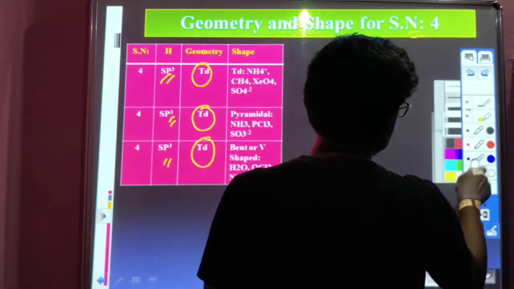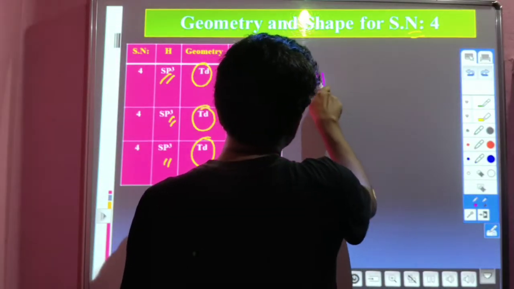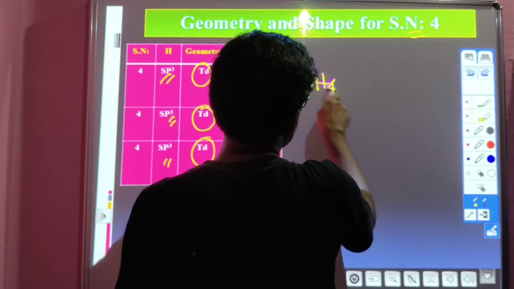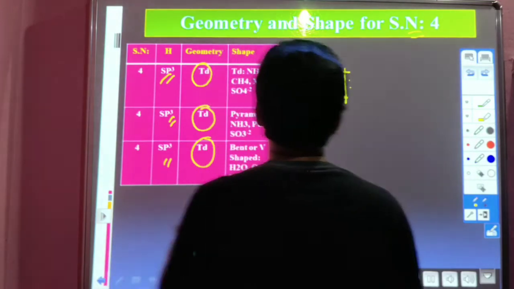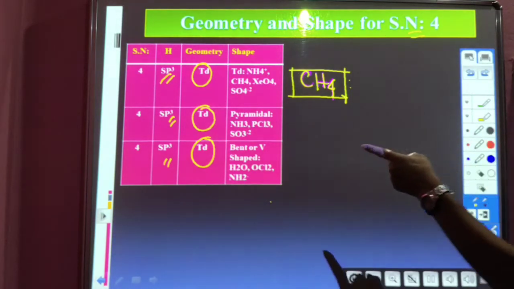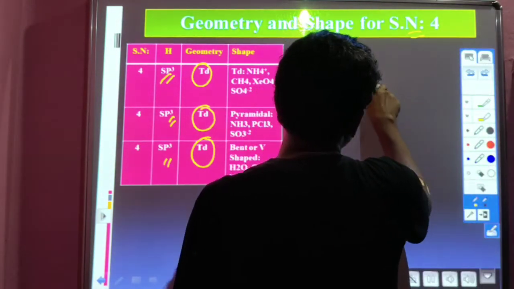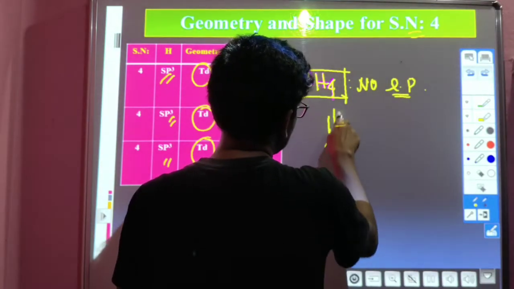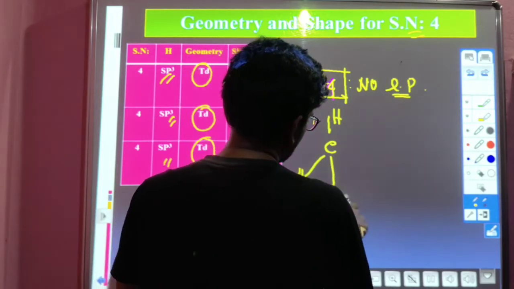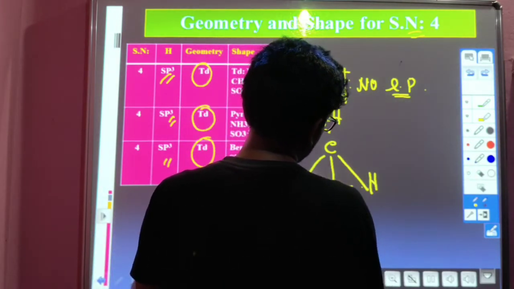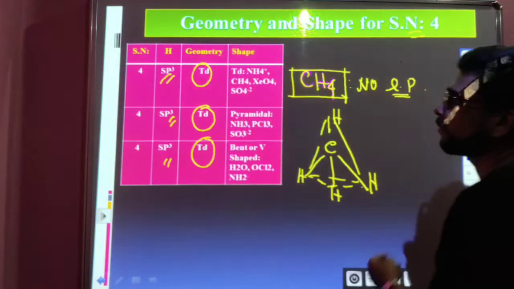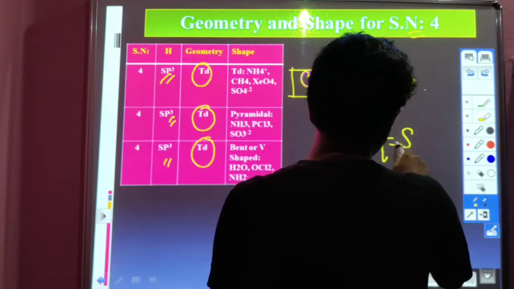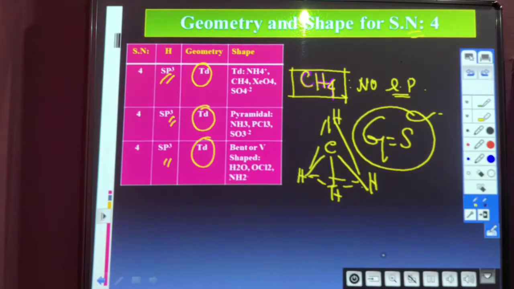See, CH4, there is no lone pair of electrons, no LP. So here shape is the same as geometry. Perfectly alright.